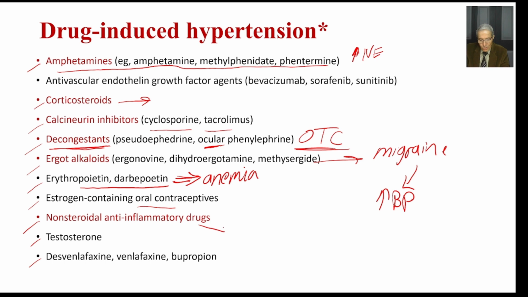If someone asks how NSAIDs may increase blood pressure: NSAIDs inhibit an enzyme called cyclooxygenase. This enzyme is responsible for formation of prostaglandin, so NSAIDs inhibit formation of prostaglandin.